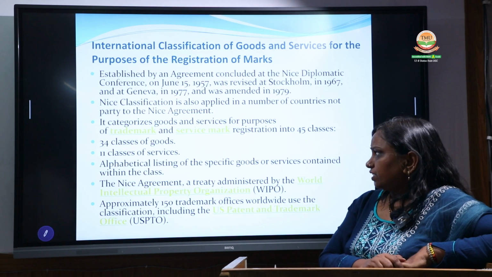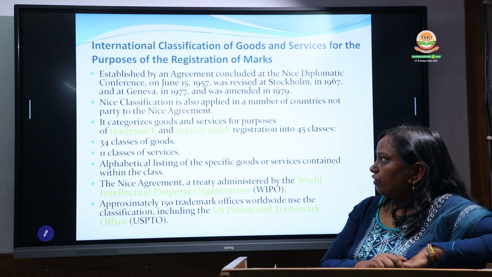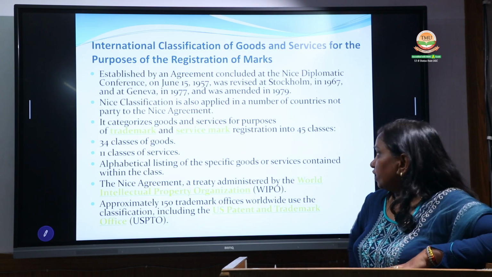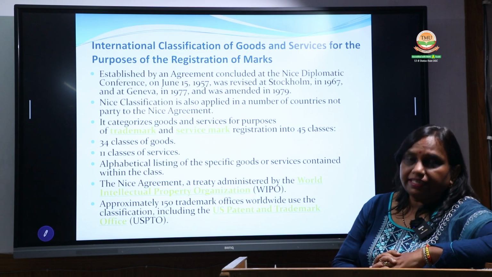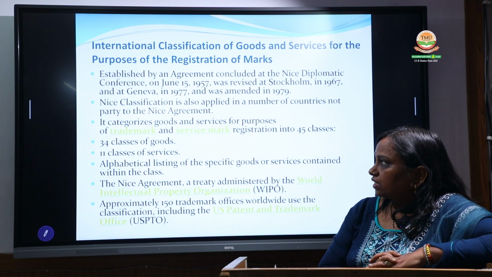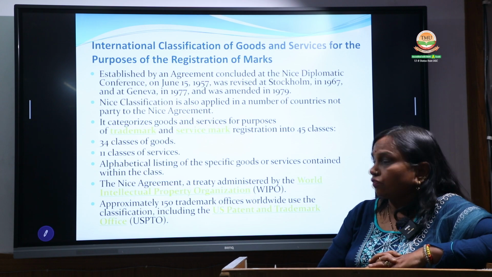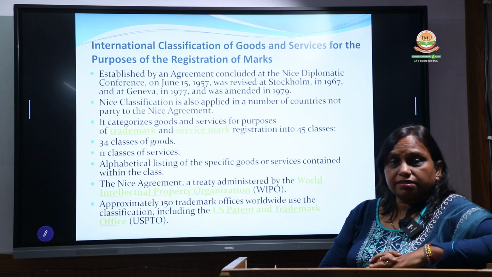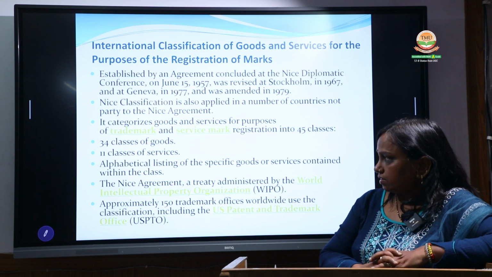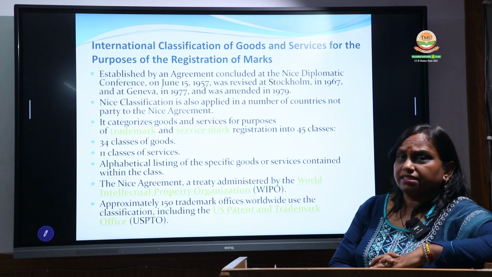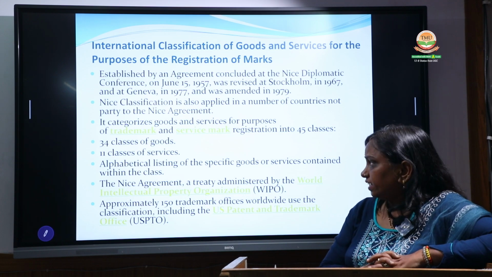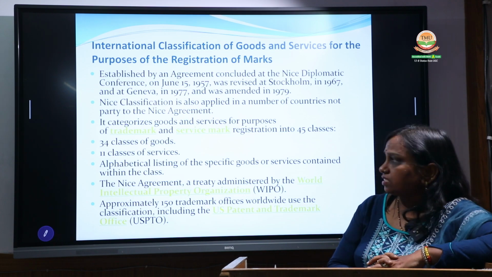It categorizes goods and services for the purposes of trademark and service mark registration into 45 classes, out of which 34 classes consist of goods and 11 classes are for the registration of services. And the goods and services are listed alphabetically within a particular class.